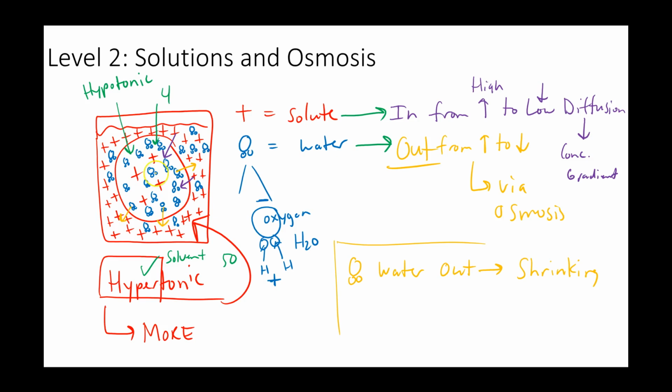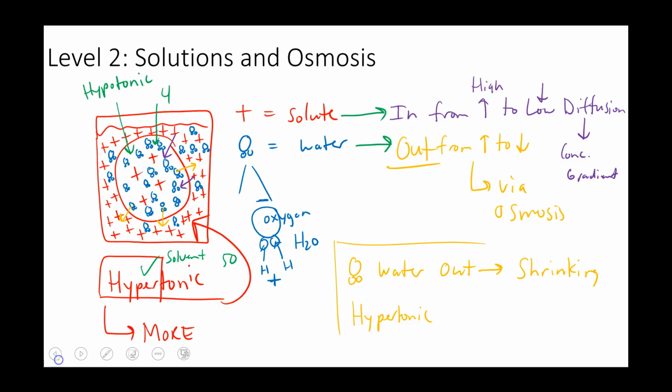It's going from where it's highly concentrated inside the cell to where it's lowly concentrated outside the cell, so you're going to get cell shrinking. So in a hypertonic solution, you're going to get shrinking because water goes out of the cell.